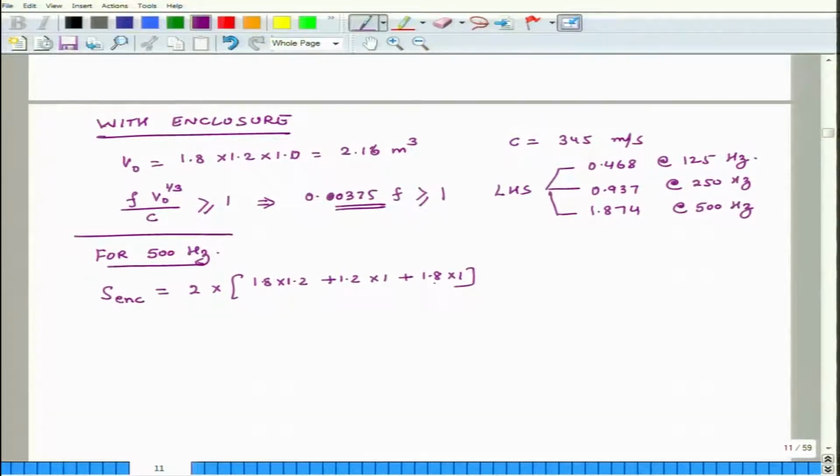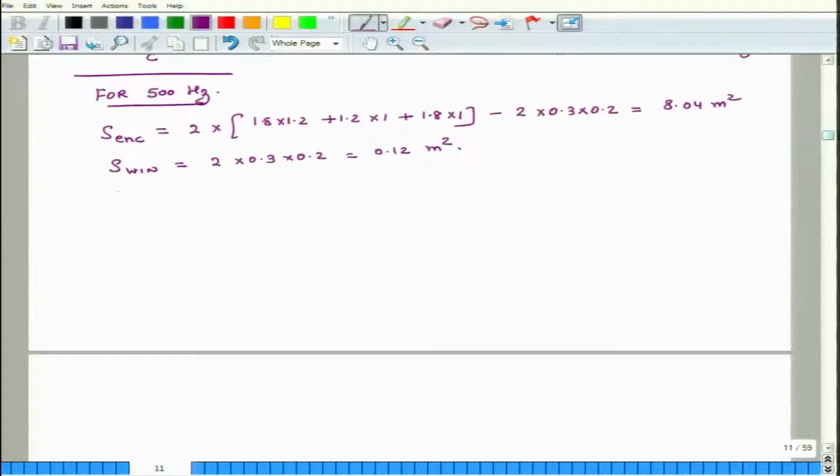This is the total surface, but then I have to subtract the windows, 2 into 0.3 times 0.2, and that is equal to 8.04 square meters. And S window is 2 times 0.3 times 0.2, which is equal to 0.12 square meters.